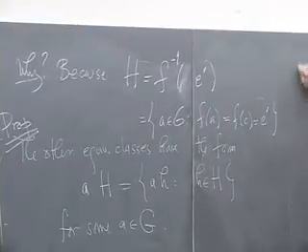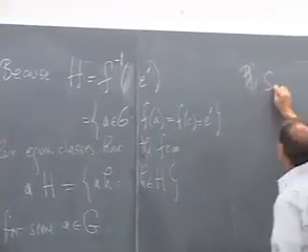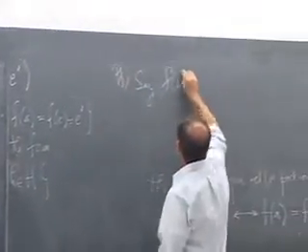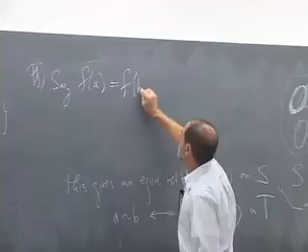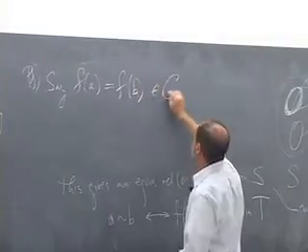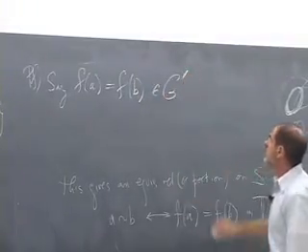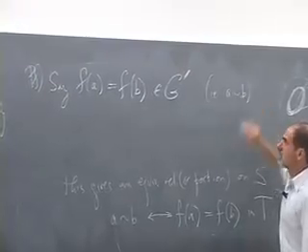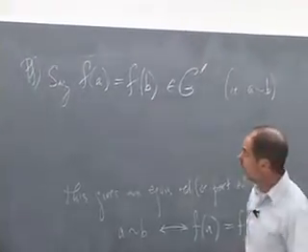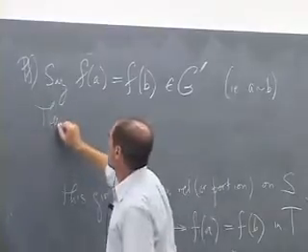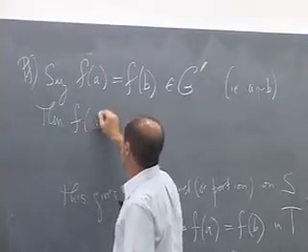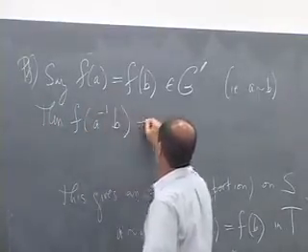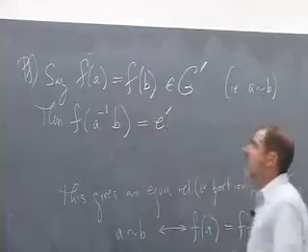Proof. Say f of A is equal to f of B in G prime, so that A is equivalent to B. Then f of A inverse B is equal to E prime, I claim.